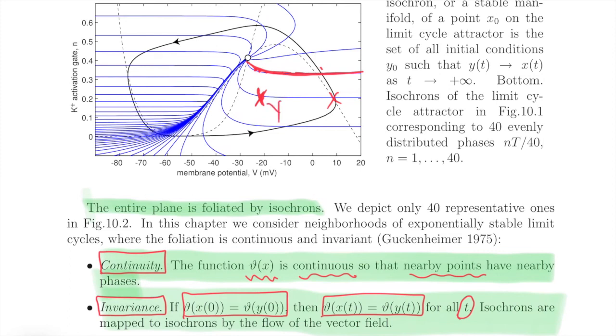So if it is y, then it is x, and it is invariant. It always stays. It doesn't vary. Isochrons are mapped to isochrons by the flow of the vector field that we talked about.